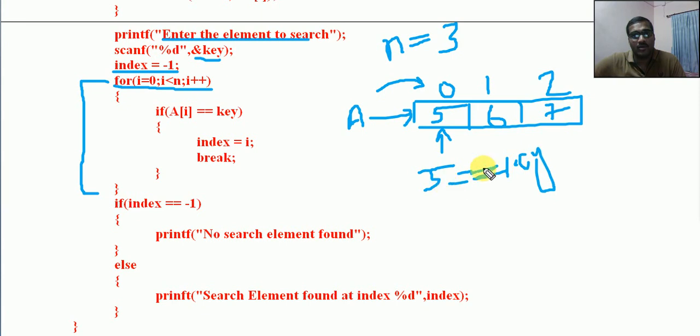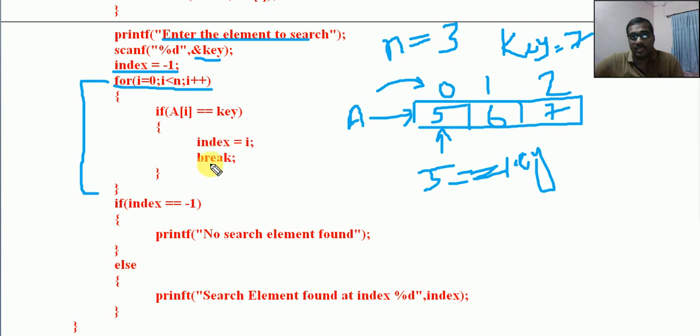Assume that I am entering the key as 7, that is the element to be searched. So the 0th element, a of 0, will be compared with key. Whether it is correct or not, it is not correct, right? So it will not enter here.